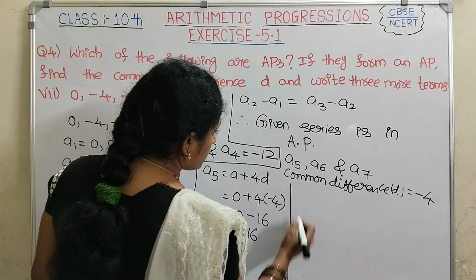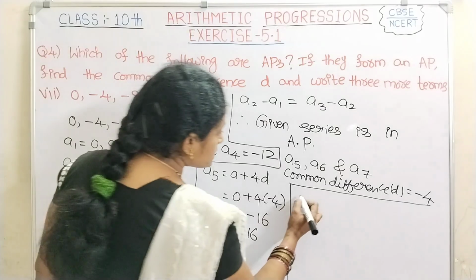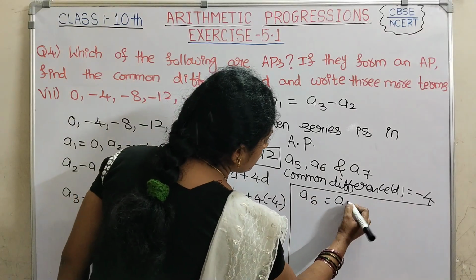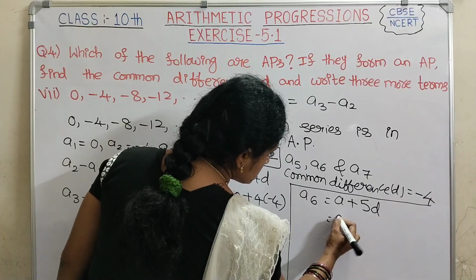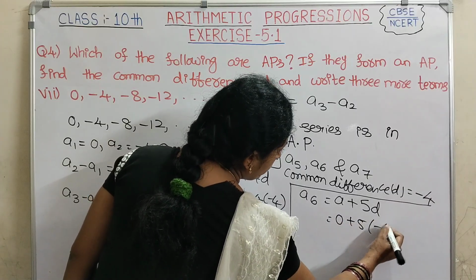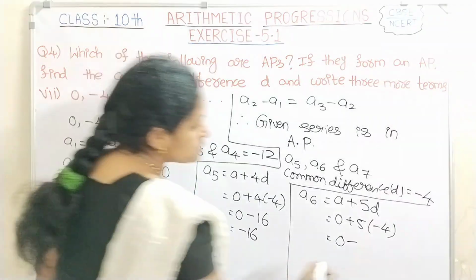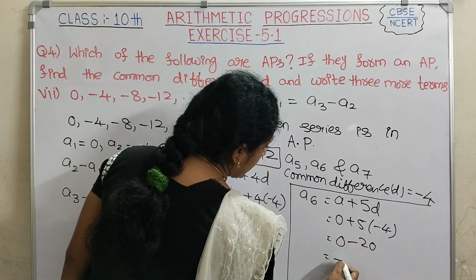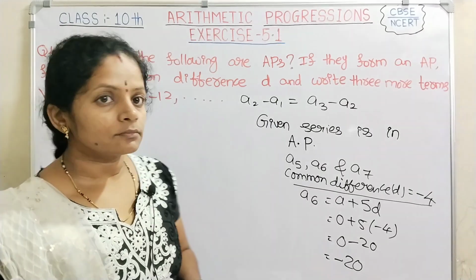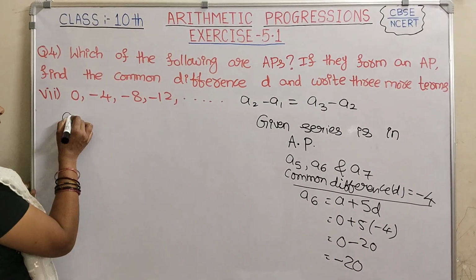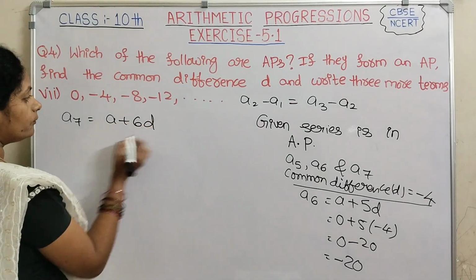Next, A6 is equal to A plus 5 into D. A is 0 plus 5 into minus 4. Plus into minus is minus, 5 fours are 20. We get minus 20. Next, A7 is A plus 6D.